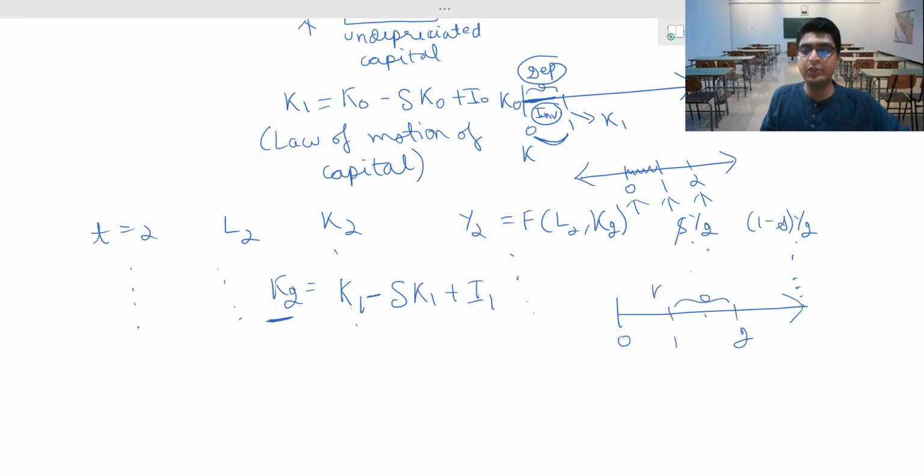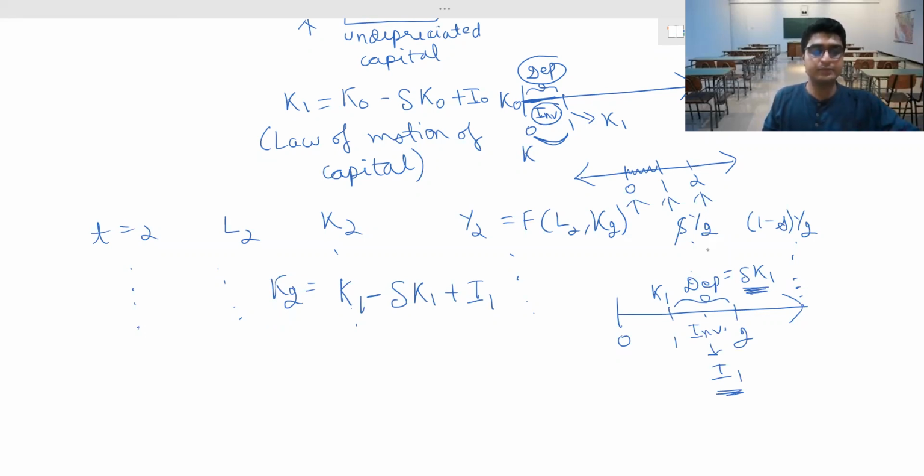So at 1 you have K1 amount of capital. Here depreciation happens, here investment also happens. Depreciation is equal to delta into K1, and investment is equal to I1. So this gets subtracted, this gets added, and you get capital in time period 2.